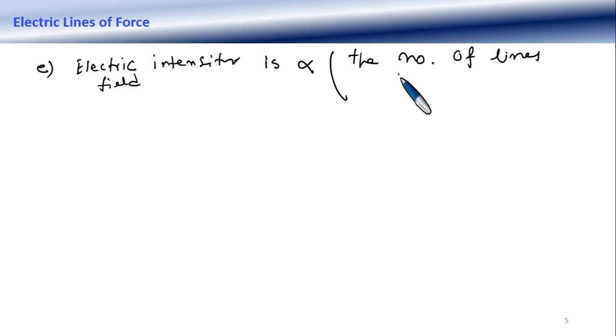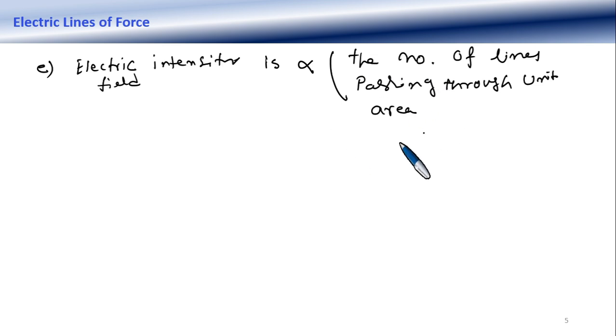Electric field intensity is proportional to the number of lines passing through the unit area. Okay, the number of lines passing through unit area.